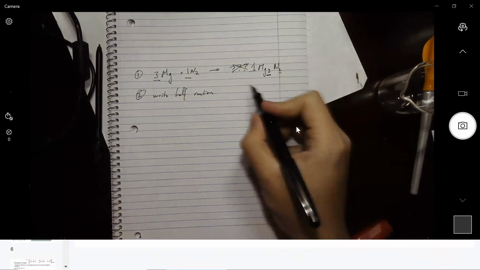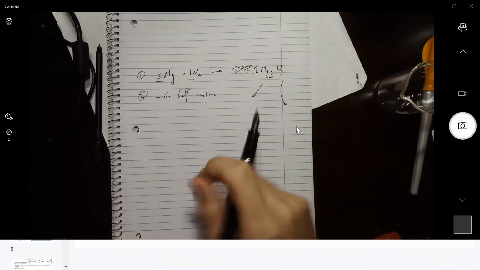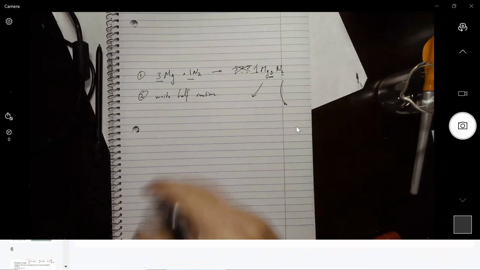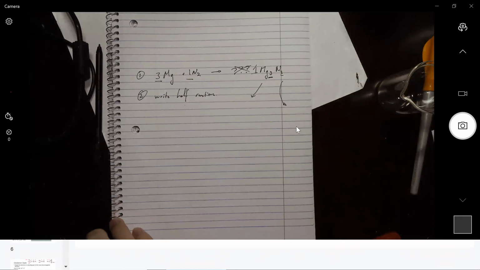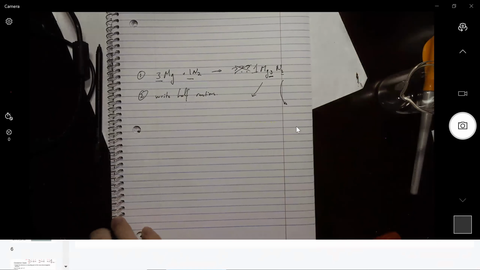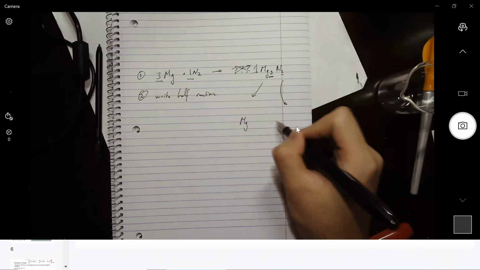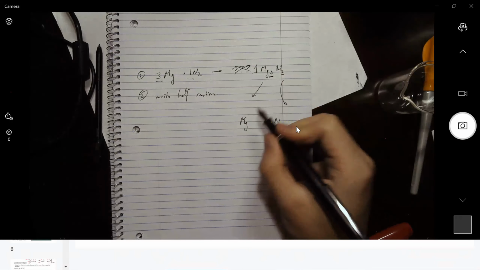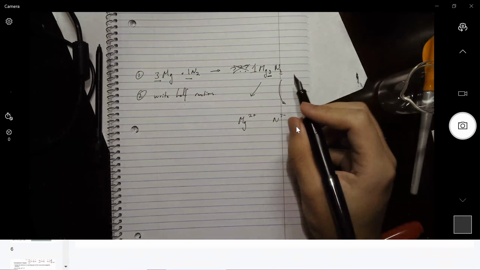So which ions are in here? What 2 ions do we have? So we have what? Yeah, Mg2+ and nitrogen 3 minus.